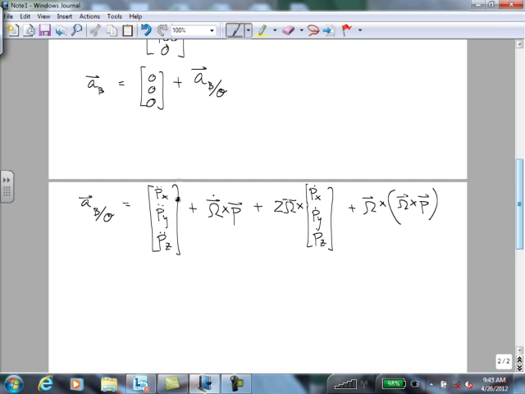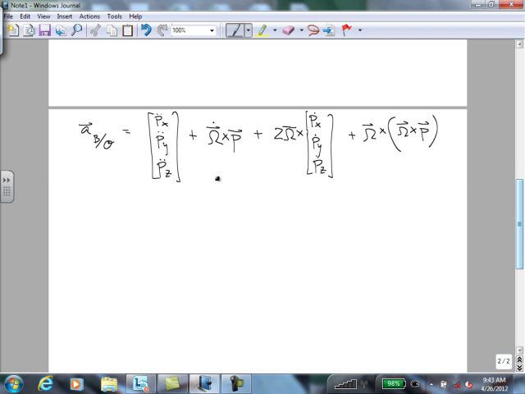Okay, so then to calculate your components dot, that's going to be your omega crossed with an R vector.